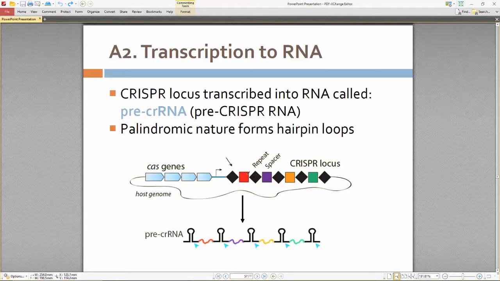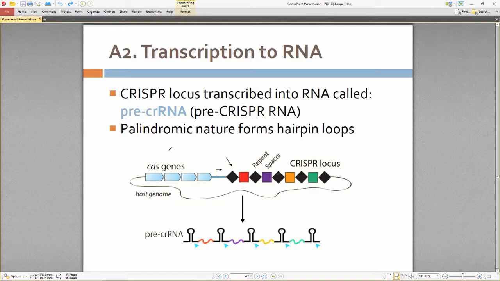The palindromic nature of these repeats forms hairpin loops. I think we looked at this when we covered transcription, where hairpin loops are formed.